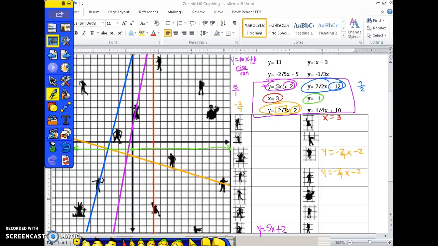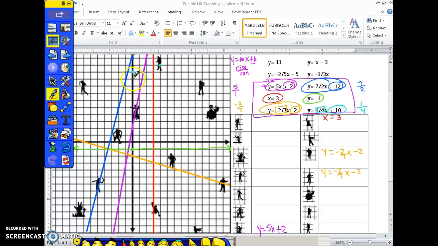And now we have y equals 1/4 x plus 10. You're in slope-intercept form. Start on your y-axis with your y-intercept. That means I'm going up 10, and I'm putting a point. My slope is 1/4. You rise before you run, rise over run. Go up 1 to the right 4.